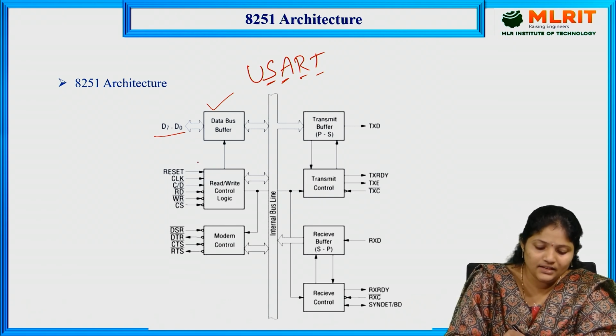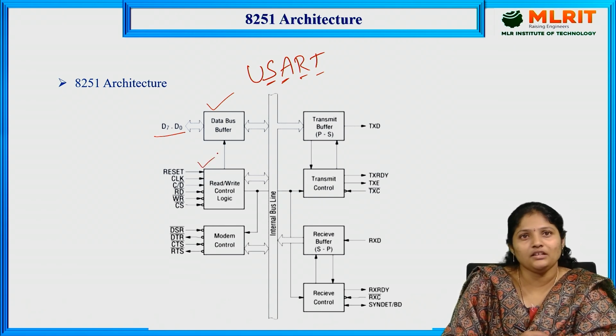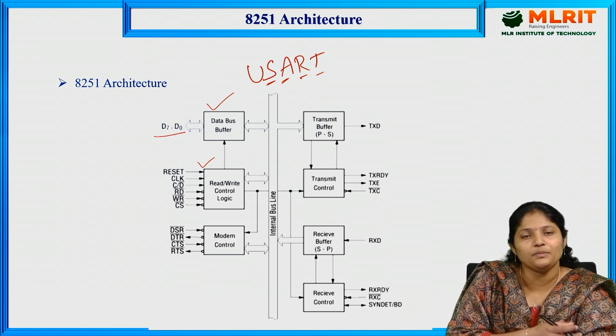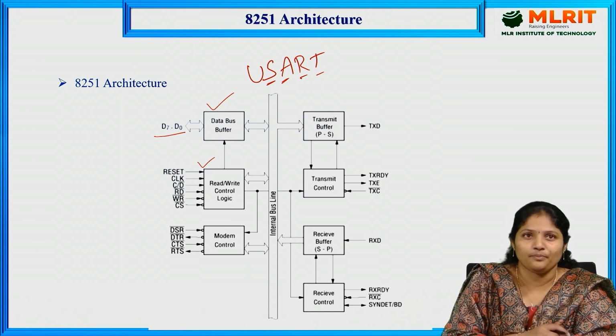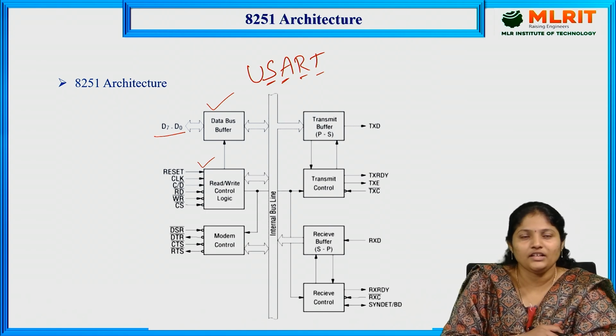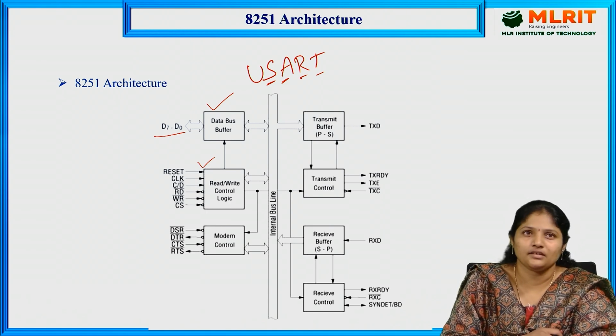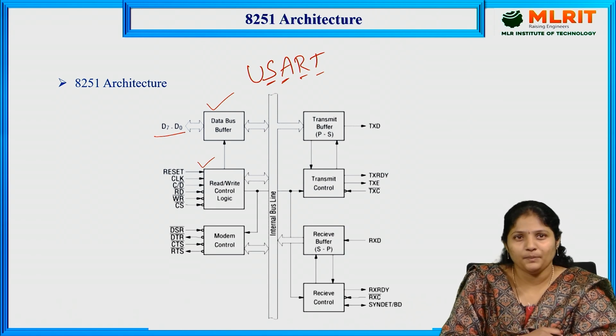And here is the read or write control logic unit. It will handle whether the control word is being sent or the status word is being sent, or whether the data is read or written between the 8086 microprocessor and other peripheral devices.